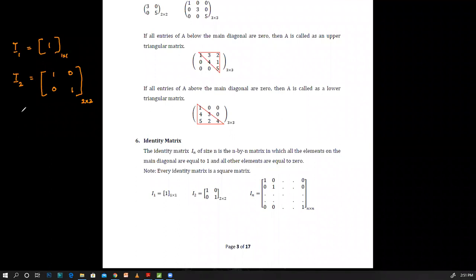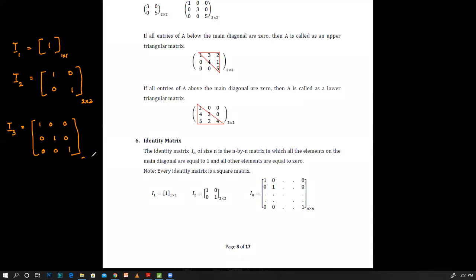Likewise, if you are having I3, what we can obtain is 1 0 0, then 0 1 0, and 0 0 1, and this is a 3 by 3 matrix. Likewise, you can define the n by n identity matrix.